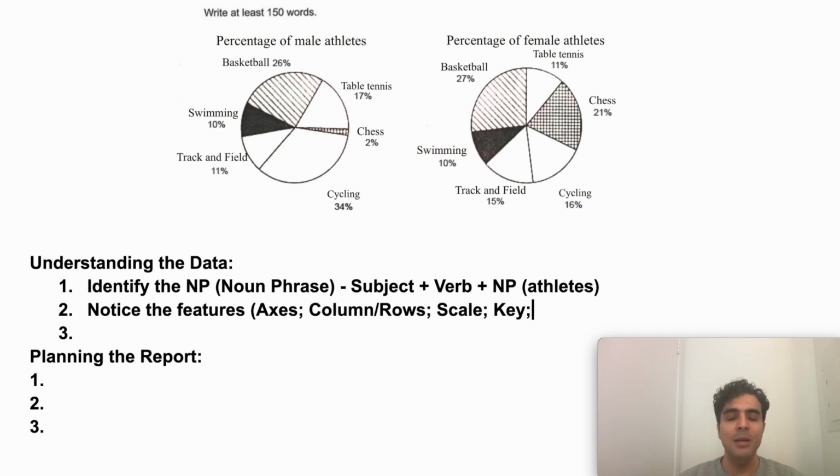So for example, sometimes you have a little key that says the color black represents, for instance, international students, and the color white represents domestic students, right? So these two colors that we have are shown, and it's clear what is being displayed and what is being represented by these two colors.